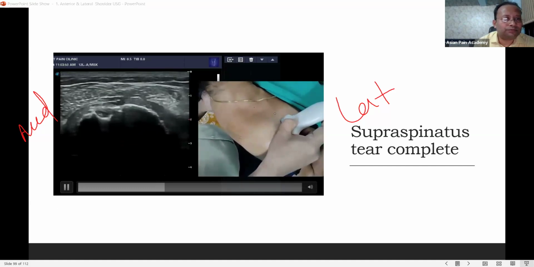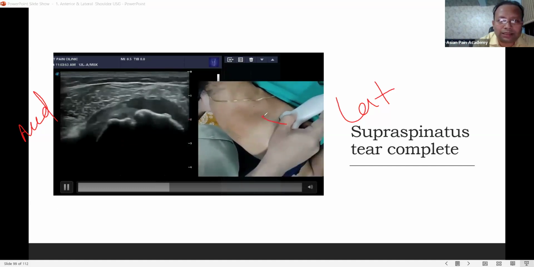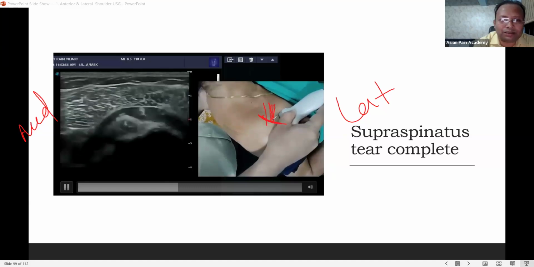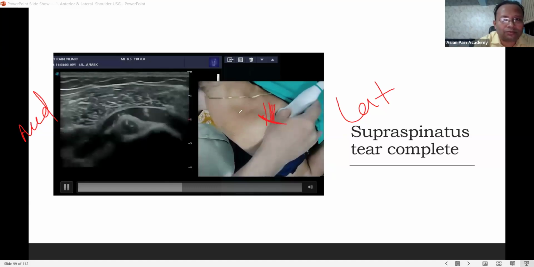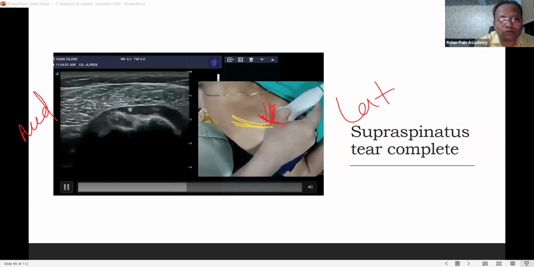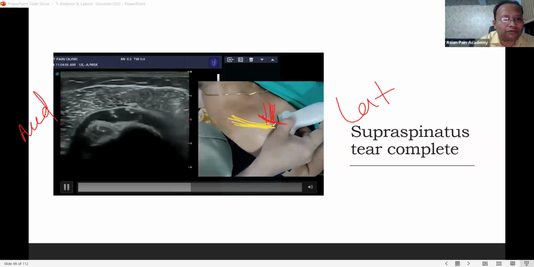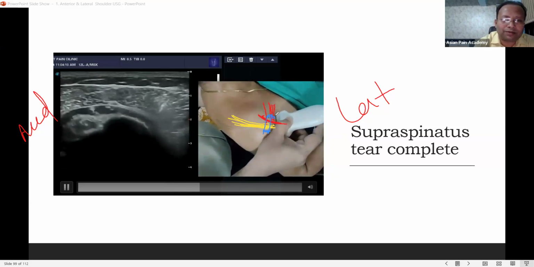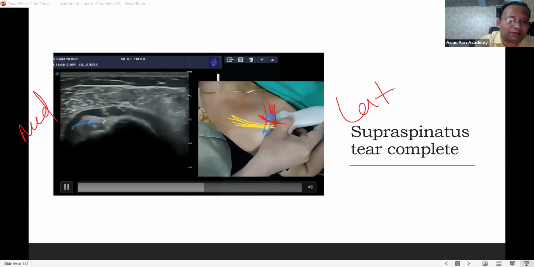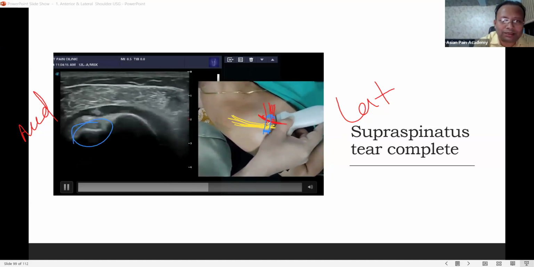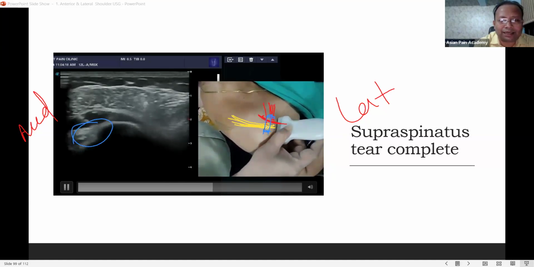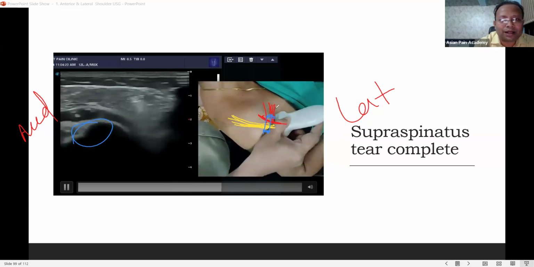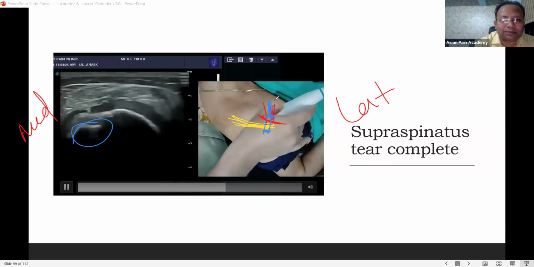This is the long head of biceps, and from this side it is the subscapularis, and from this side it is the supraspinatus. So if you put a probe like this, you will see the biceps just in the middle, the part of supraspinatus on the lateral side, and the subscapularis on the medial side.